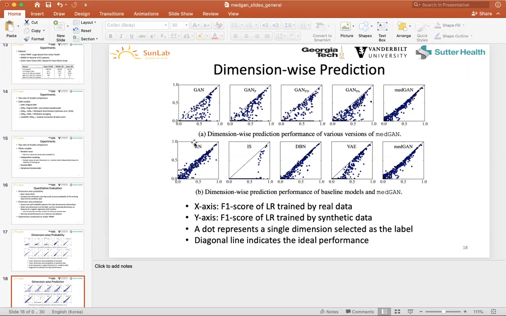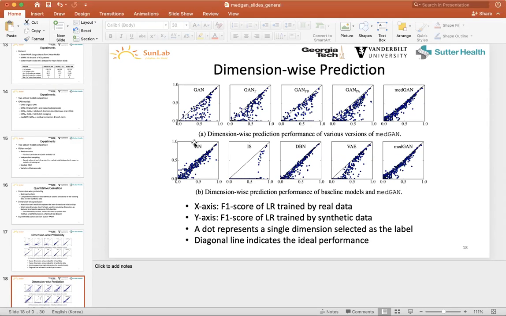Anyway, logistic regression is not a very powerful technique, which means that at least when you're using the real data set to train your classifier, it doesn't guarantee that it's perfectly performing that task.